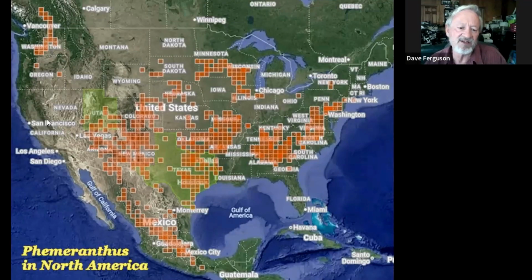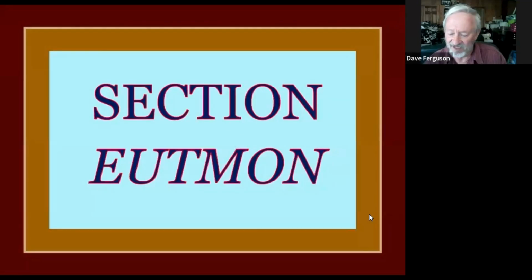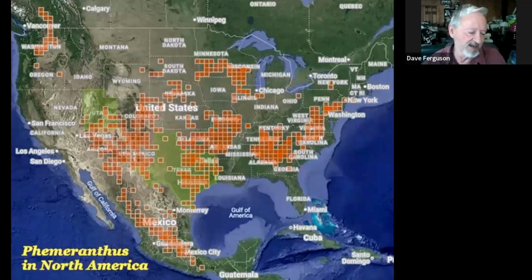But this gap up here across the Rockies from Nevada to Montana, that's real. And this gap in the Mississippi Basin is real. And I don't know why they're not up here. It seems like they ought to be. The Mississippi Basin is probably just not good habitat. So, well, I'm jumping too far ahead there.